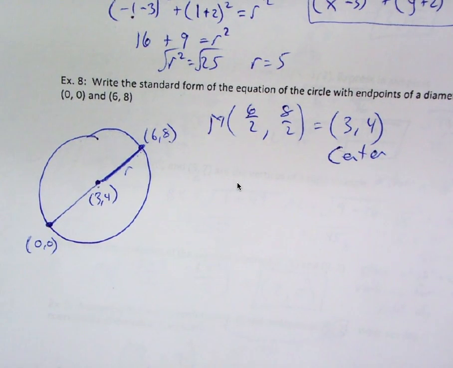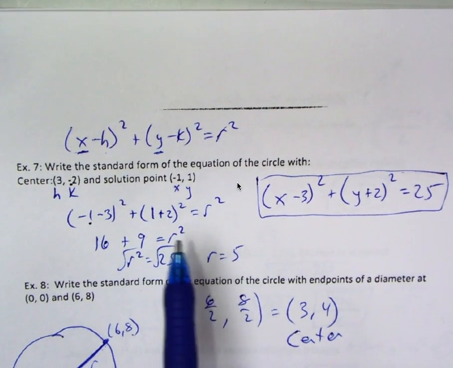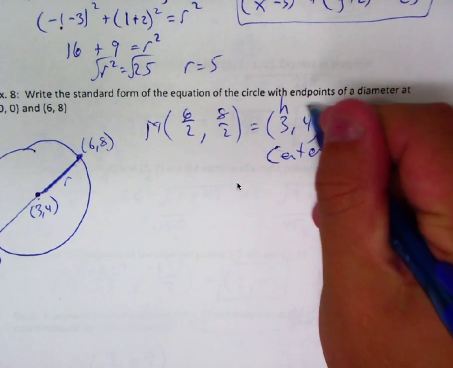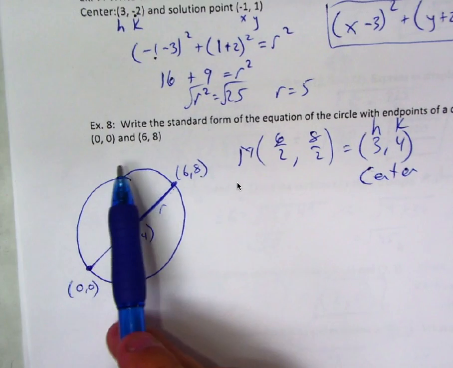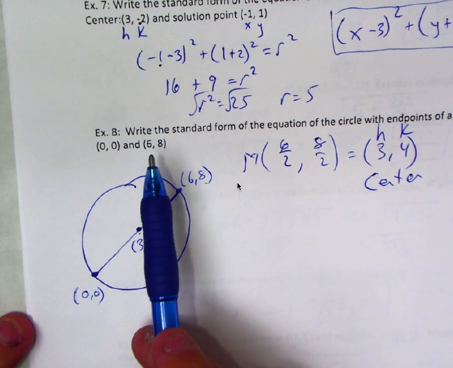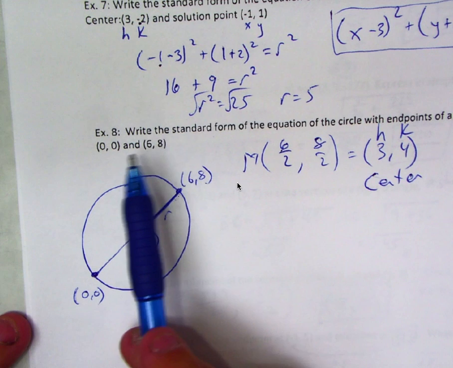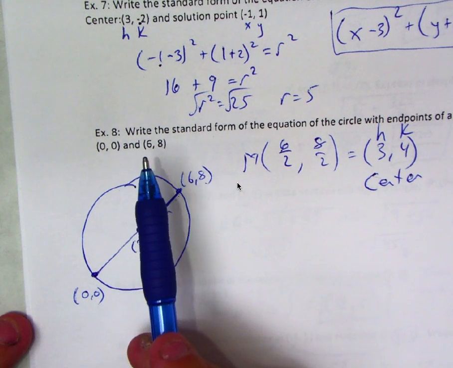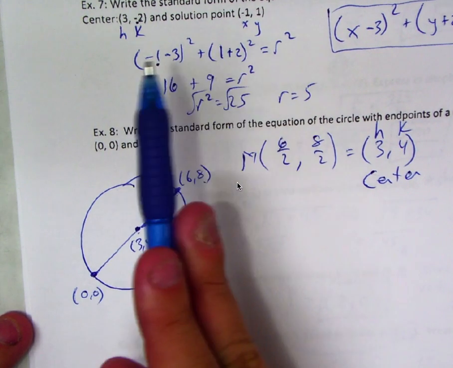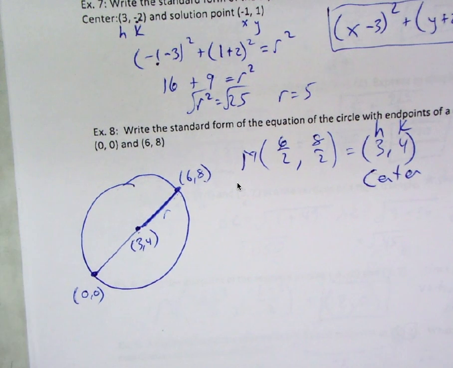That's option 1. Or you could do what we did on the previous problem. Because now we know h and k. These right here are points on the circle. Pick either pair and plug those in for x and y. And then do what we did up here and find r squared. So we can do that if we want. So that's up to you which method you would want to use.